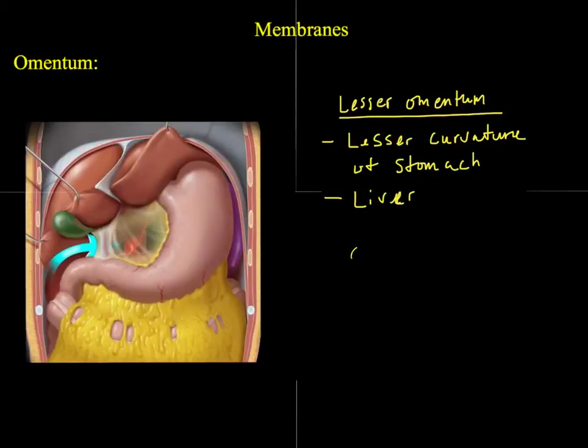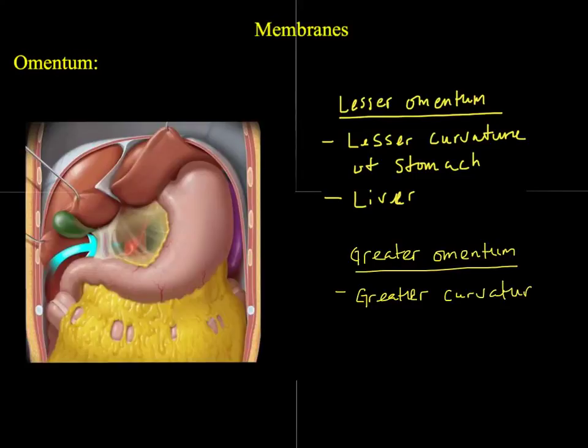The greater omentum is a membrane that looks more like a fat pad that attaches the greater curvature of the stomach to the intestines.